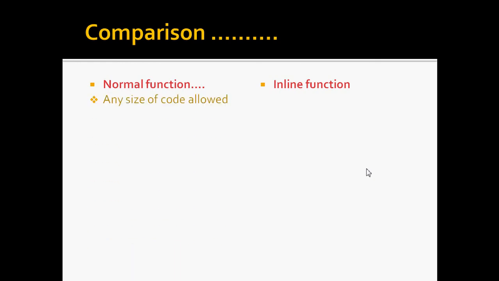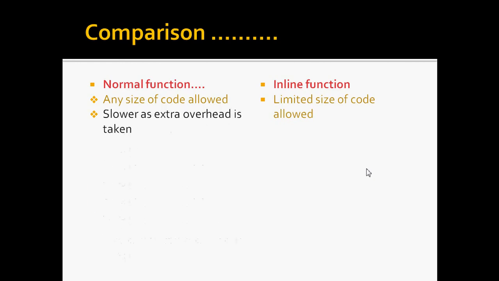As we have discussed, any size of code is allowed in a normal function. I mean to say any number of lines can be given in the normal function. In an inline function, only a limited size of code is allowed. The compiler decides what number of lines it will accept for a function to be inline, because if the number of lines exceeds, it may deny making the function inline.